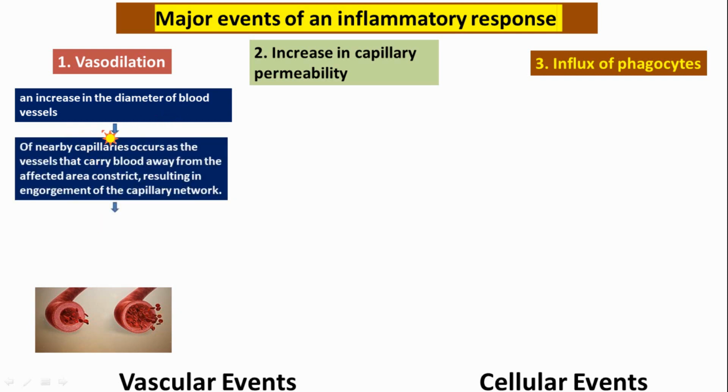Which blood vessels? The nearby capillaries. Let me clear some points here. Blood vessels are of three types: arteries, veins, and capillaries. Arteries transport blood away from the heart. Veins return blood back towards the heart.